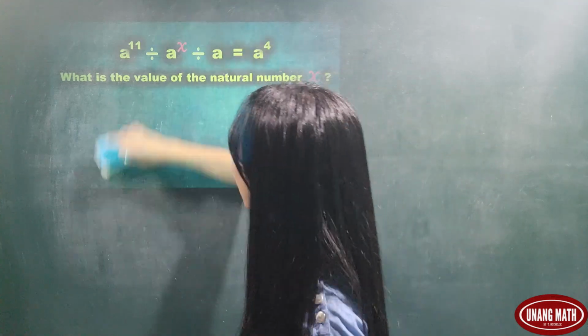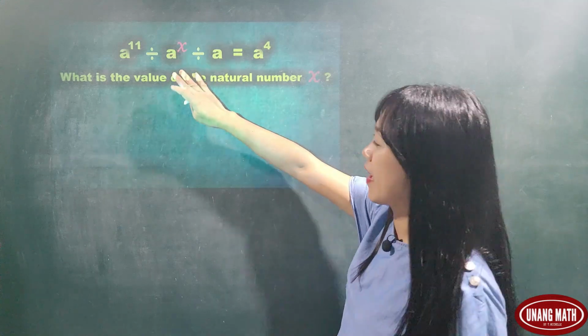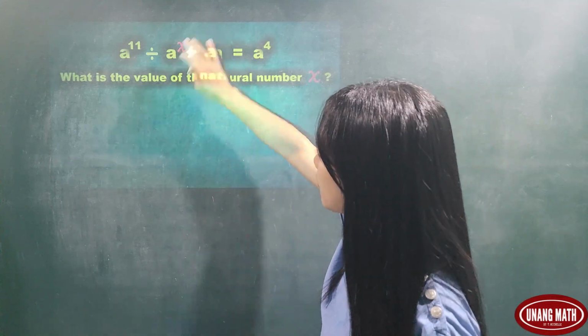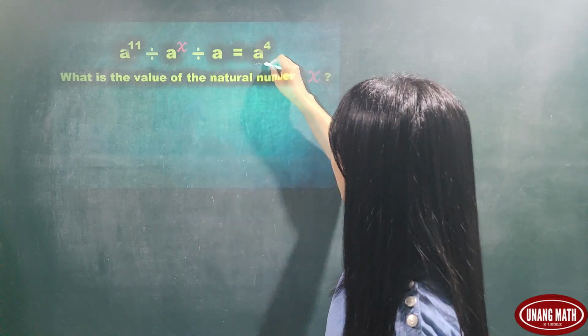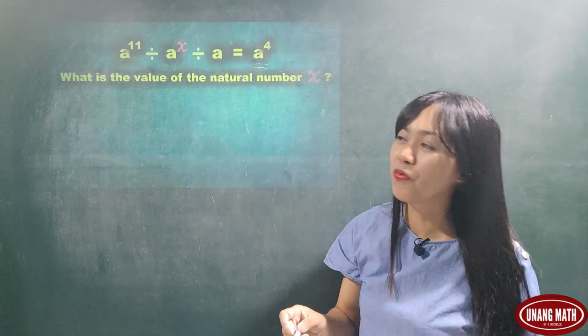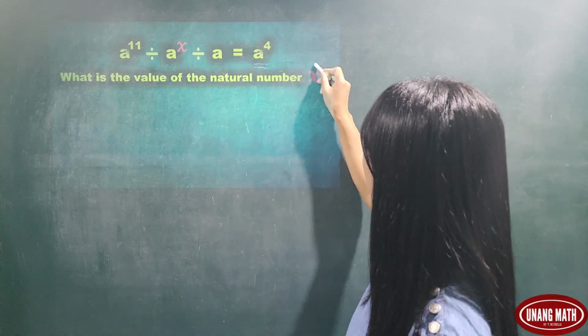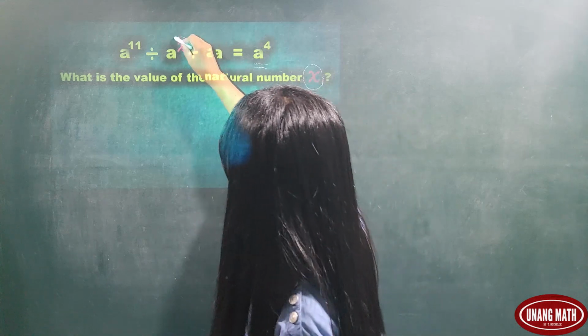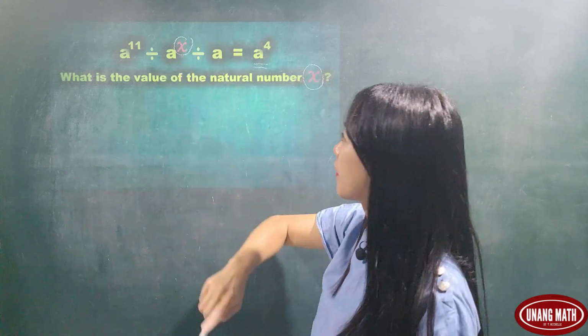The first one is a raised to the power of 11 divided by a raised to the power of x divided by a, and this is equal to a raised to the power of 4. The question is, what is the value of the natural number x? Take note, x is an exponent.